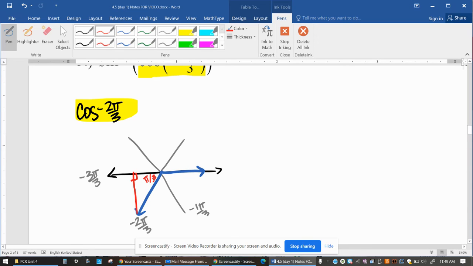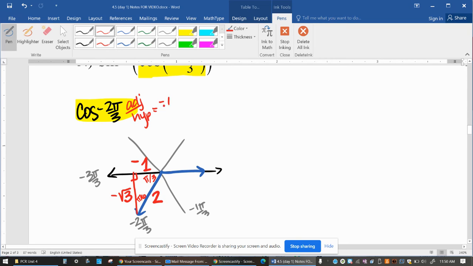So remember, pi over 3 is 60 degrees. Across from 60 is root 3, but in this case it's negative. Across from the 30 is a 1, but in this case it's negative. Remember, when the side lengths are to the left or down from the origin, for the legs of the right triangle, those are going to be negative. The hypotenuse is always going to be positive, so you don't have to worry about that. All right, cosine of negative 2 pi over 3, that's adjacent, right, over hypotenuse.